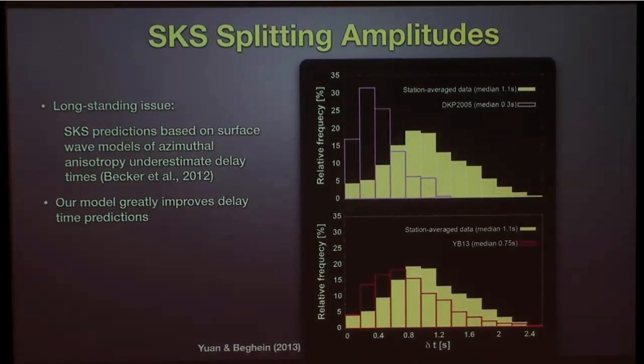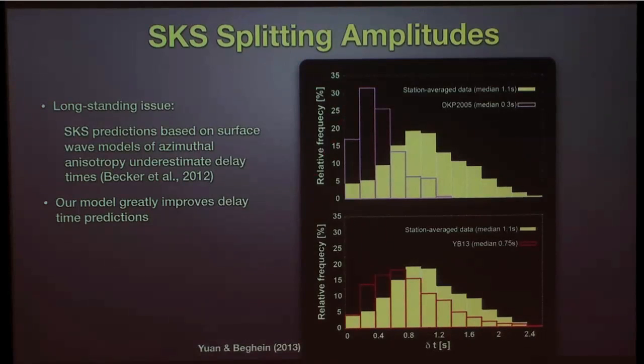So this is a figure similar to what Thorsten had done in one of his papers, where we took all these station average shear wave splitting measurements, plotted a histogram in yellow of the delay times, and we predicted the delay times with our model in red here, and with a model from Eric that had mostly anisotropy in the top 200 kilometers or so of the mantle.